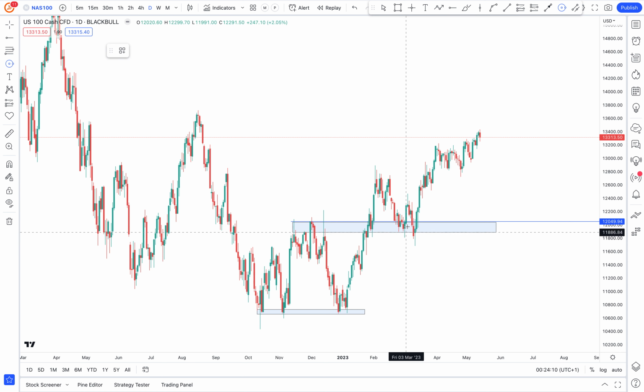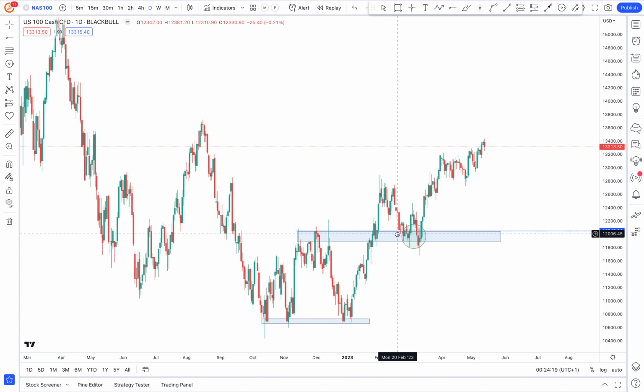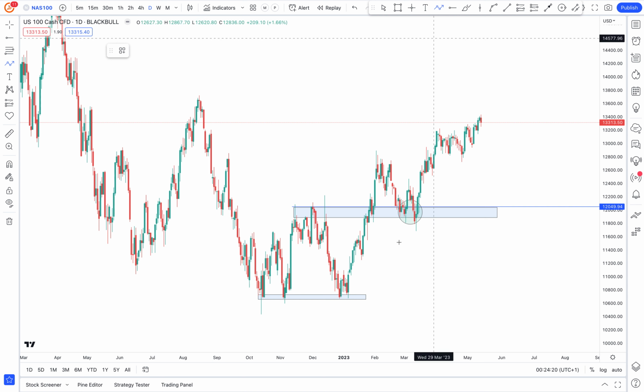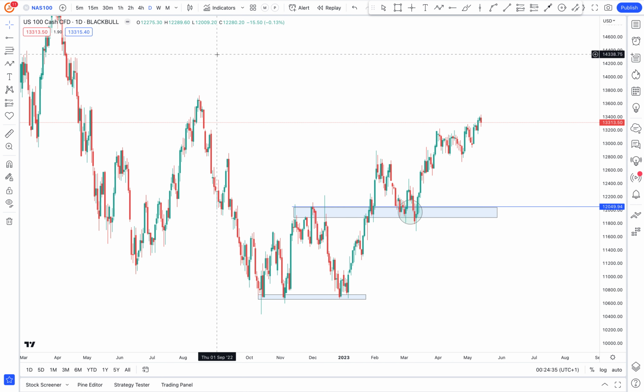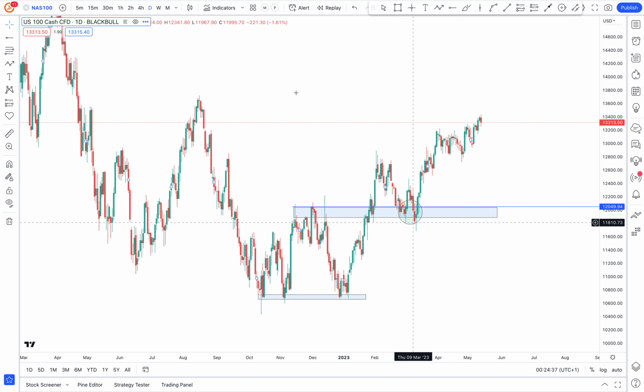We had a retest here, and then a retest of this zone on the NAS100, and then some sort of W pattern formed at this low on the NAS100. Then we had this impulse move that occurred next. That is the Nasdaq, right?